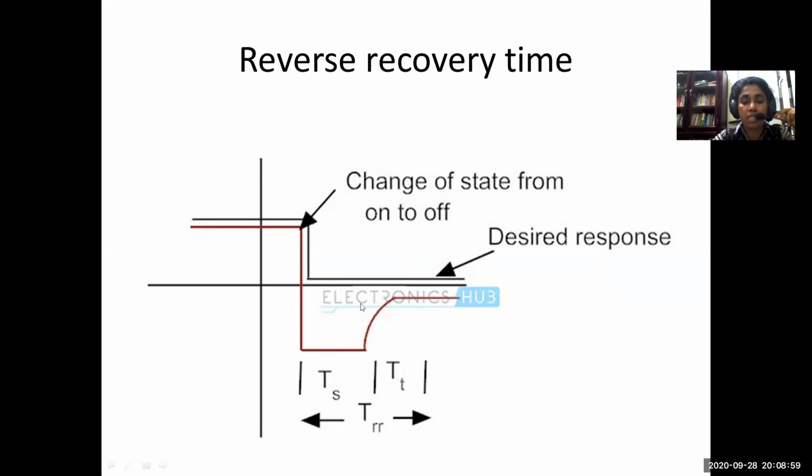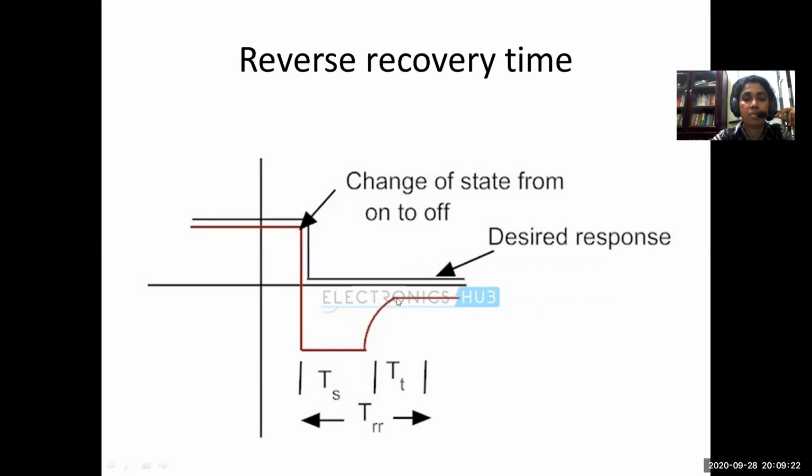So the total time taken by a forward biased diode which was representing bit 1 to get converted into the reverse biased state and represent bit 0, that total time is the storage time plus the transition time, and that is referred to as the reverse recovery time, TRR.